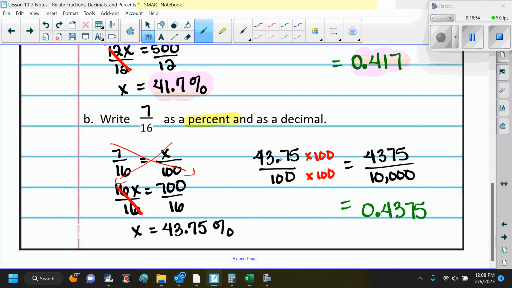We want this top number to be a whole number. We can't have decimals. So if we're moving the decimal 2 places to the right, that means we're multiplying times 100. Is everybody with me? So when we multiply times 100, that gives us 4,375 over 10,000. If I want to read that correctly, that gives me 4,375 10,000ths. And there is my decimal.